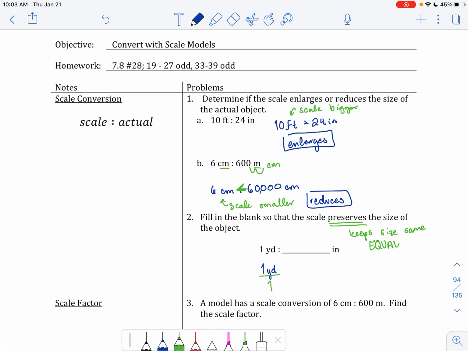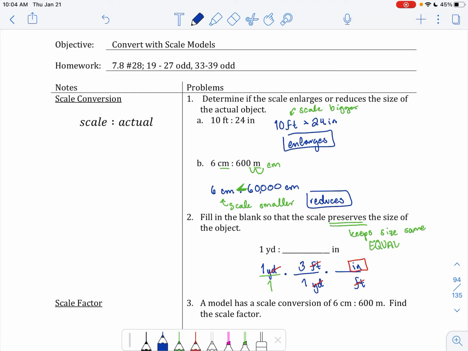So 1 yard, we put that over 1. And then we want to change from yard to inches. Maybe you don't know what that number is right away. So you say, I'm going to change it to feet first, which I do remember, and then from feet to inches, so that our units cancel and we're left with just inches, which is what we want.